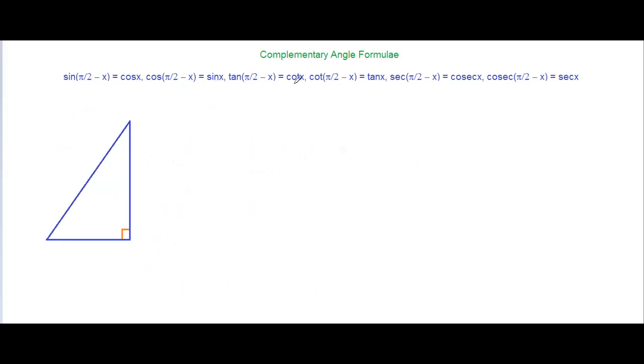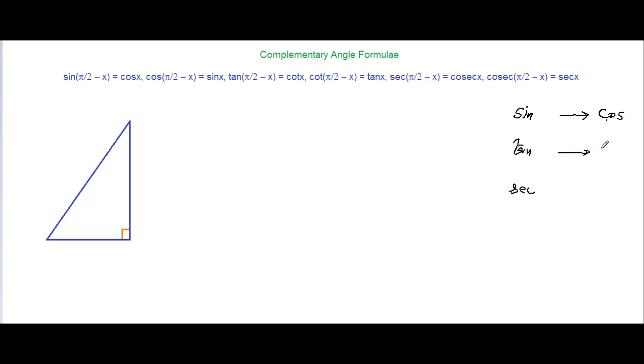Tan will convert into cot. Cot will convert into tan. Secant will convert into cosecant. Cosecant will convert into secant. So if you have three functions, sine, tan, secant, these don't begin with the word co. These are without co. So these functions change to the corresponding function beginning with co. Sine becomes cosine, that is cos.